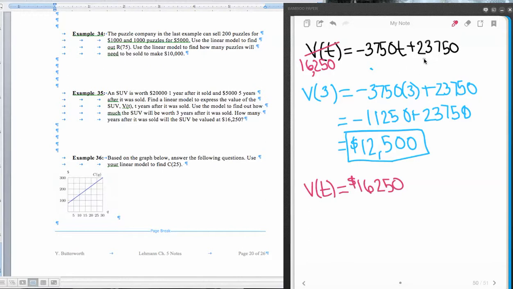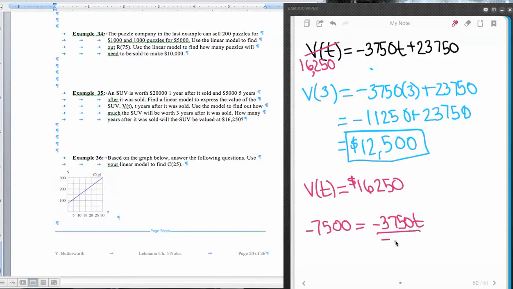And that means we're going to subtract 23,750 from both sides. So 23,750 minus 16,250, and that's going to give us 7,500, and that's a negative number because this is going to be a negative, and that's equal to a negative 3,750, and those are T's.